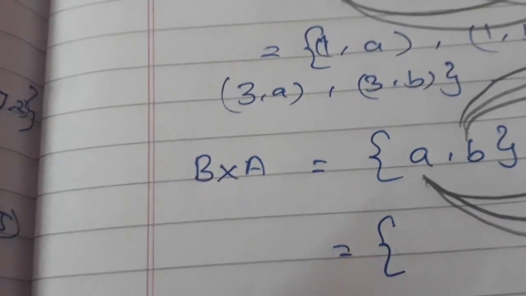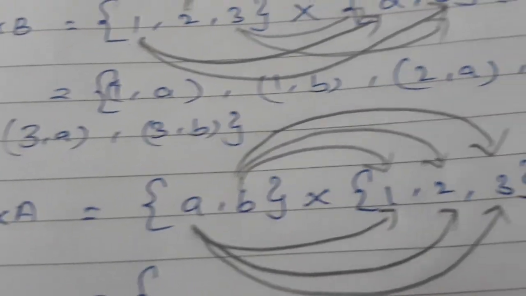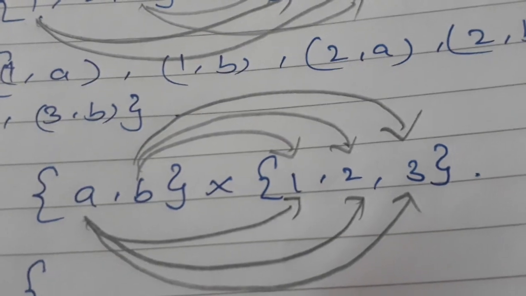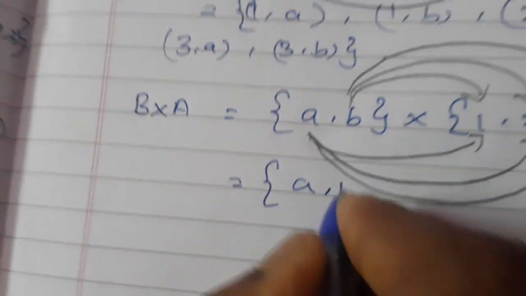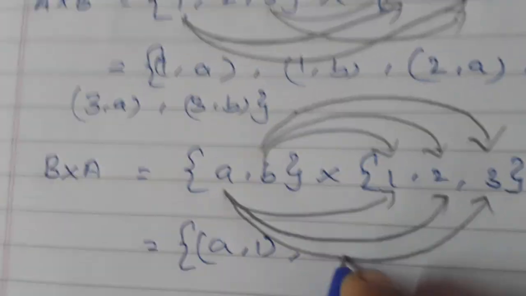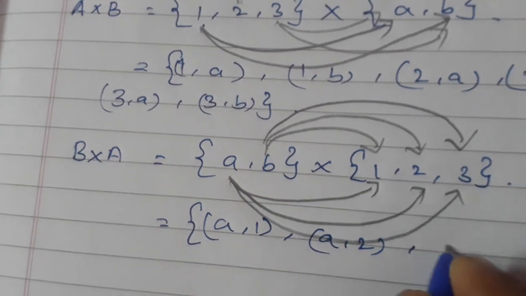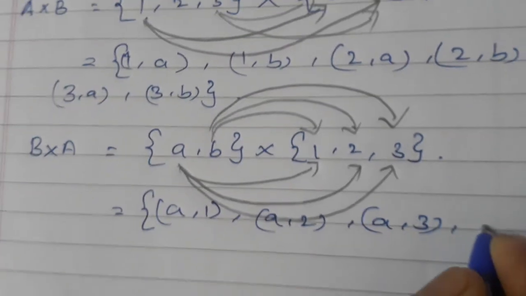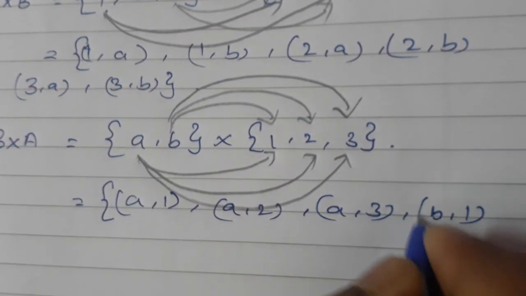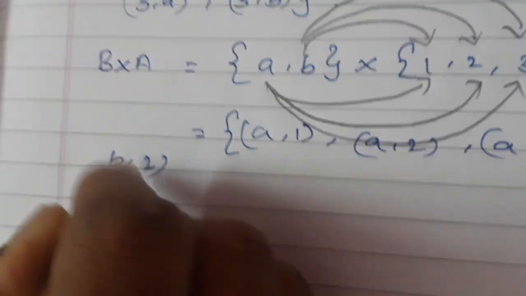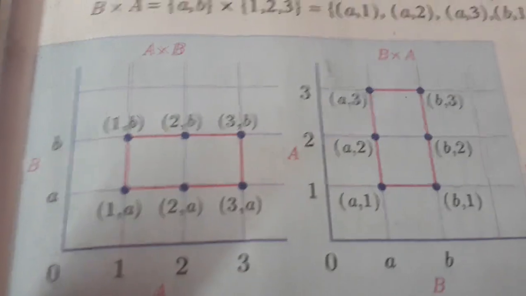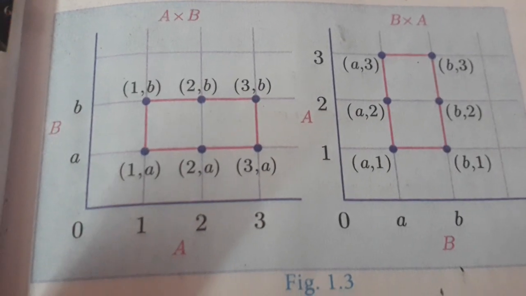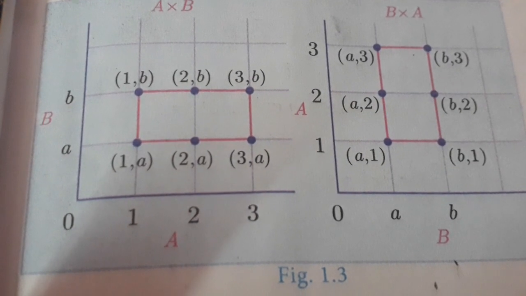Our B × A is {a, b} × {1, 2, 3}, that is {(a, 1), (a, 2), (a, 3), (b, 1), (b, 2), (b, 3)}. So this is our graphical representation.